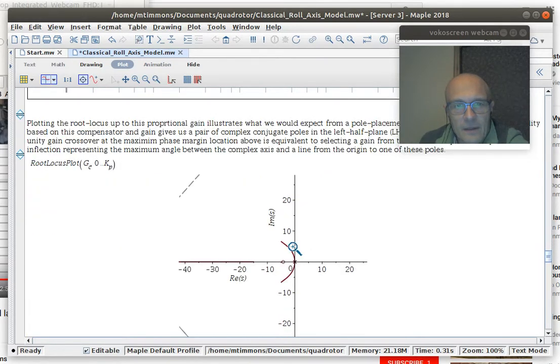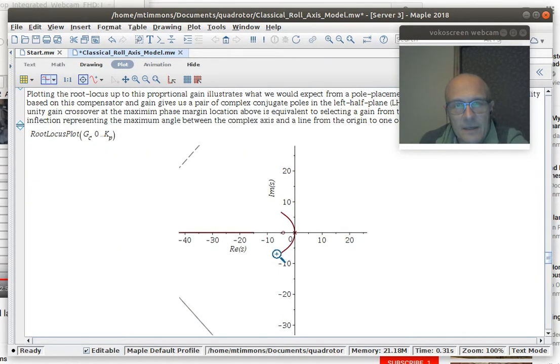And another way to look at it in the root locus is here I just ran a root locus up to that gain value, and the pole pair then ends up here, so we placed our poles in the left half plane. If you think in a textbook, whether it's a second order system, you can think of this as damping ratio, percent overshoot, phase margin.